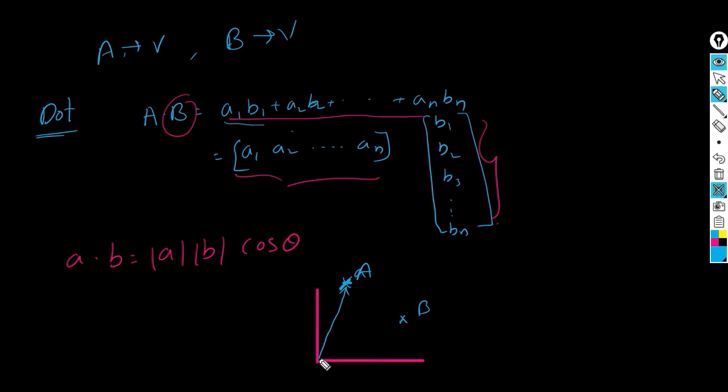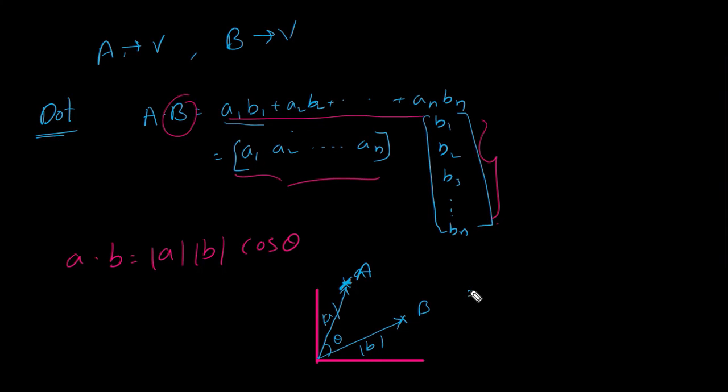Theta is the angle between these two vectors, and the distance from origin to point A is modulus of A, and the distance from origin to point B is modulus of B.